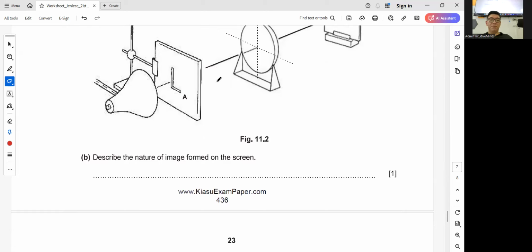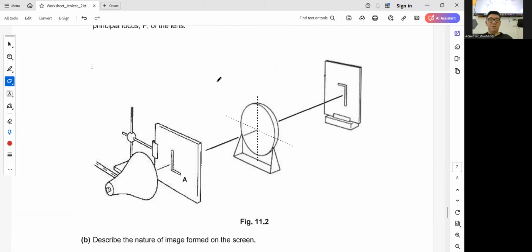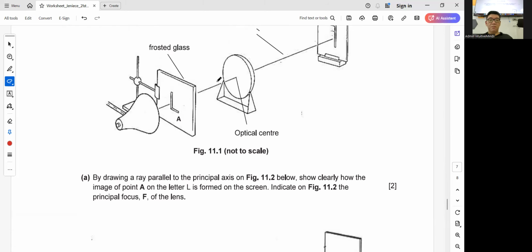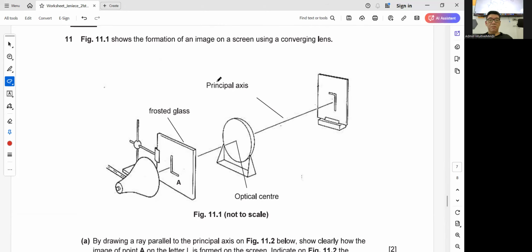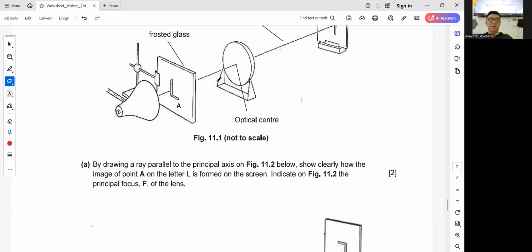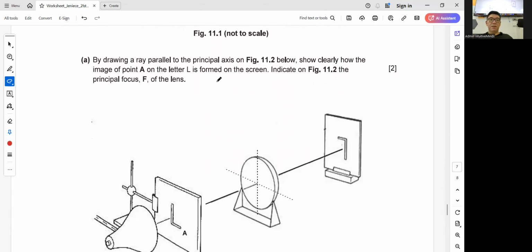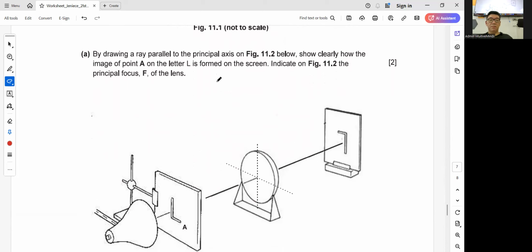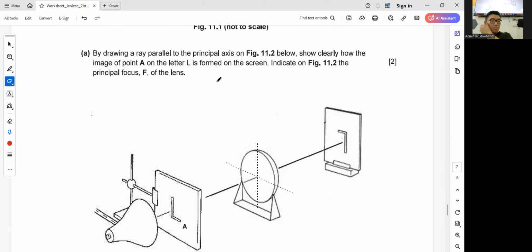Okay, on to structured questions. Show clearly how by drawing a light ray. Okay. So this requires a bit of a two-dimensional view.